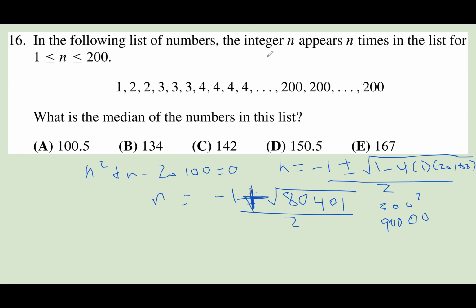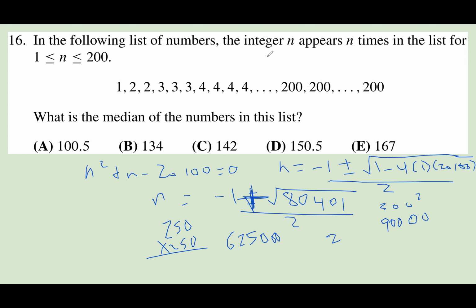So clearly that would be too high. 200 squared would give us 40,000. So it's got to be between the two. What's 250 times 250? 25 times 25 is 625, so that'd be 62500. So that's too low.